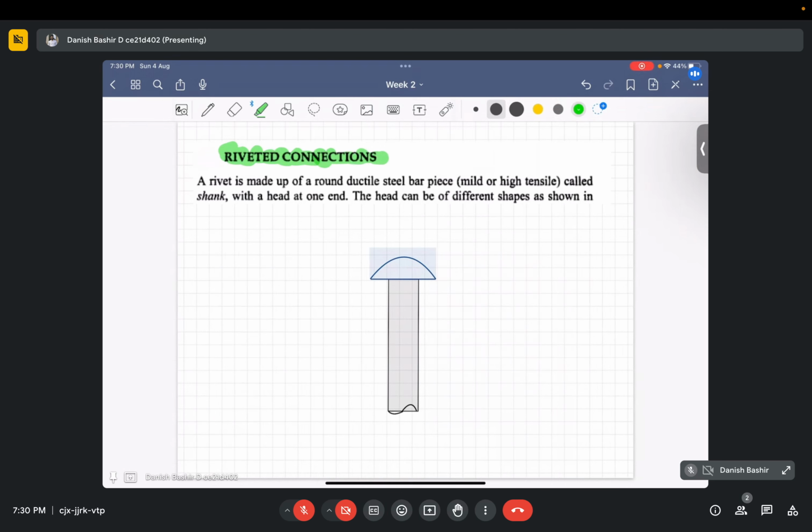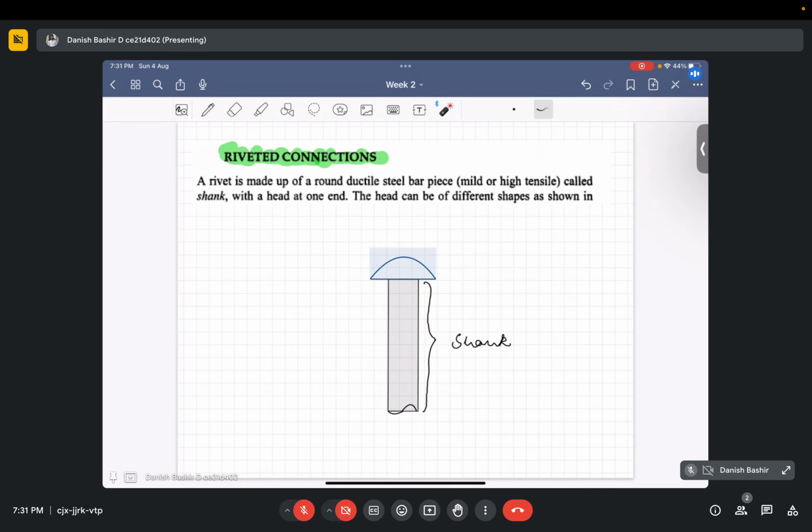So what is a rivet? If we look at the conventional definition, a rivet is made up of a round ductile steel bar piece, mild or high strength steel, called the shank. Here in the figure, this part made of high or mild steel is known as the shank, with one head.